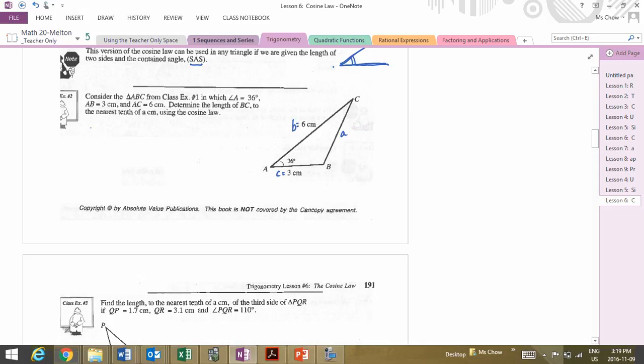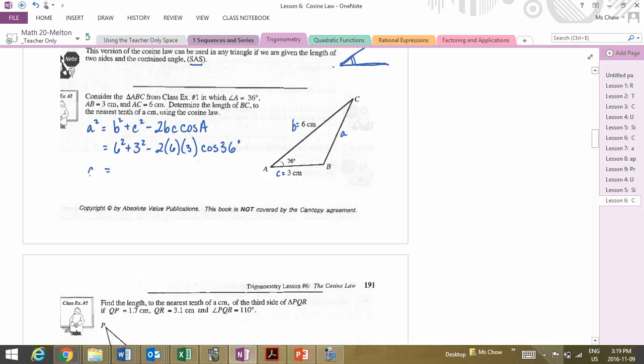So with this, we know that a squared is equal to b squared plus c squared minus 2bc cosine of A. So substitute in: 6 squared plus 3 squared minus 2 times 6 times 3 times the cosine of 36 degrees.